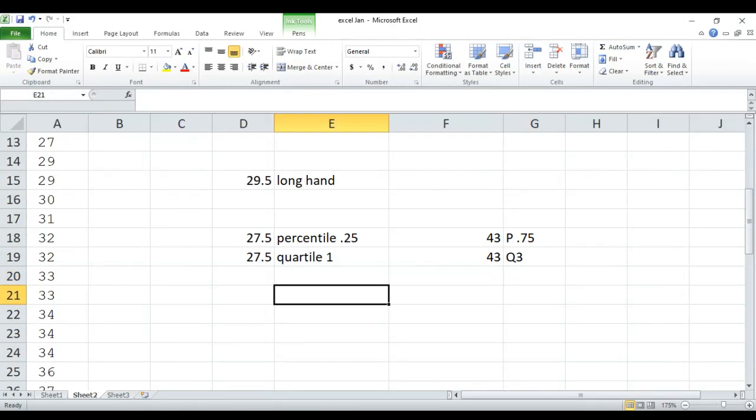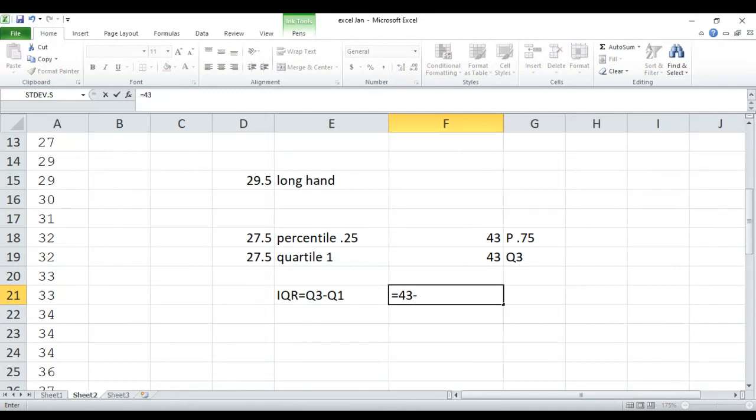And then the IQR, the interquartile range, the IQR is just Q3 minus Q1. It's just the middle 50% of your data, right in the middle. So if we want to do that, we just go equals 43 minus 27.5, depending on if you do it longhand or you use Excel.